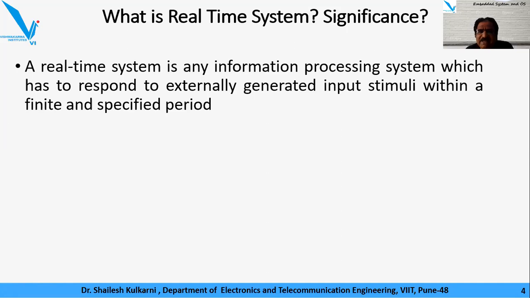So I might refine it: a real-time system is any information system, either control, communicate or compute oriented, which has to respond to externally generated input stimuli within a finite and specified period.